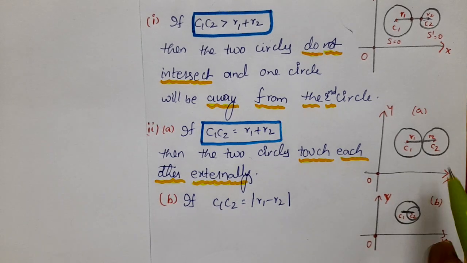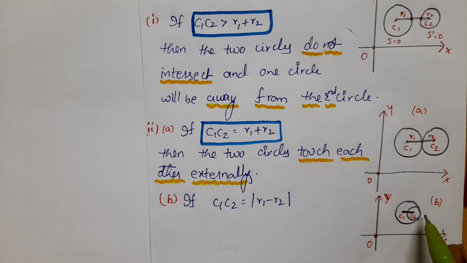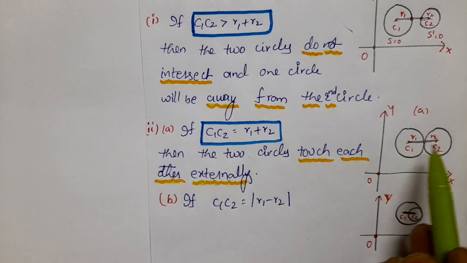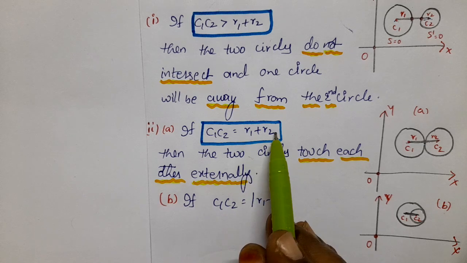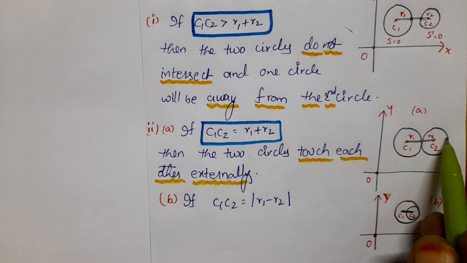If C1C2 equal to modulus of R1 minus R2, so there are two types of touchings. One is external touching, second one is internal touching of the two circles. If C1C2 equal to R1 plus R2, the addition of two radii, then two circles touch each other externally.